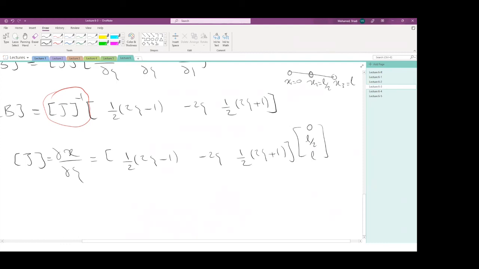If you multiply them together, you will be left with the Jacobian. This will go to 0. This will go to minus 2 psi multiplied by L over 2. And then the last part is plus L over 2 multiplied by 2 psi added to 1.